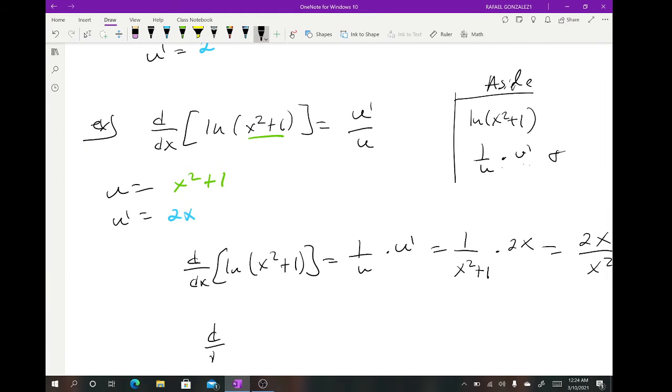So we have that d dx of ln of x squared plus 1 is equal to 2x over x squared plus 1.